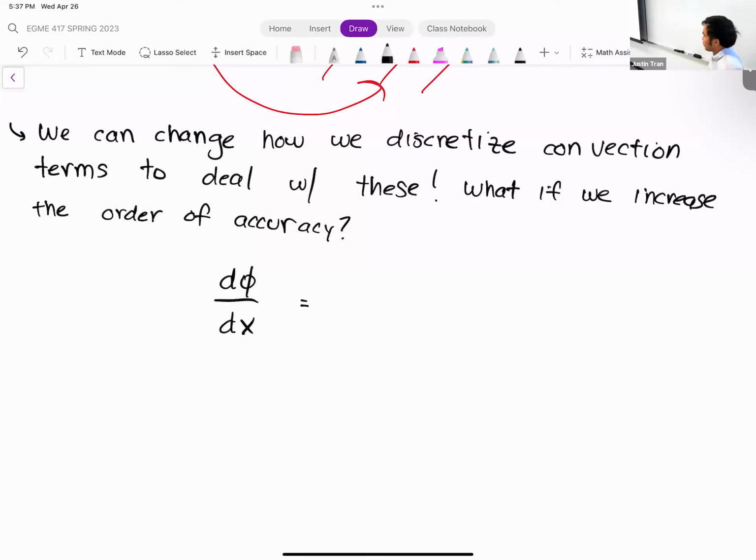So remember, our convection derivative is our first order derivative. And if we go just based on accuracy, if you go for our most accurate scheme, we have this, right? This is our central difference scheme.